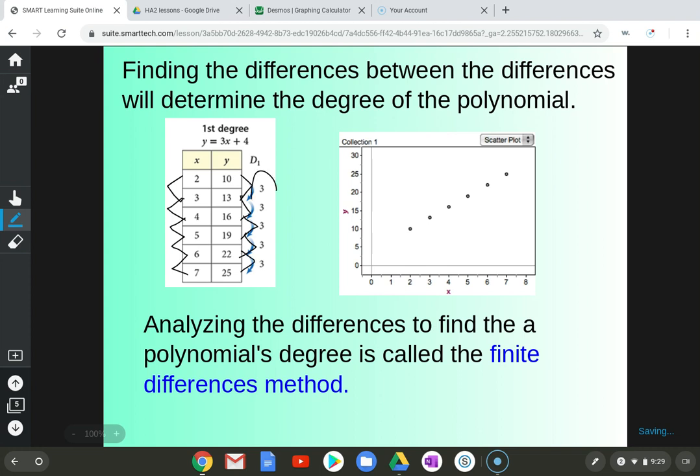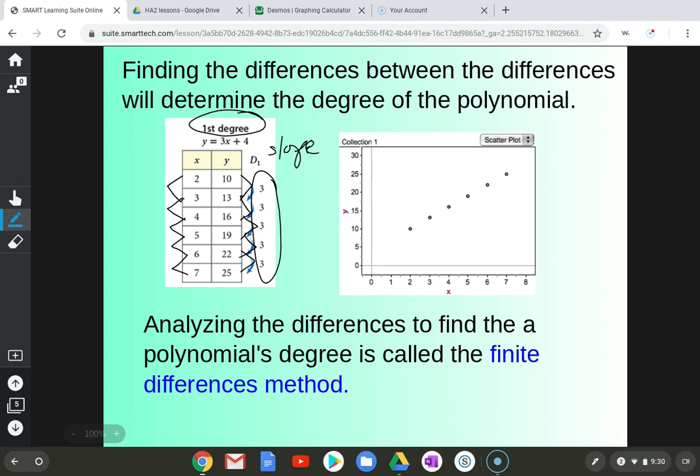If these differences are all the same, that makes this function a first degree function, and we know that it's linear. These differences are another way of saying your slope. So for each change of 1 in our x value, our y value changes by 3.